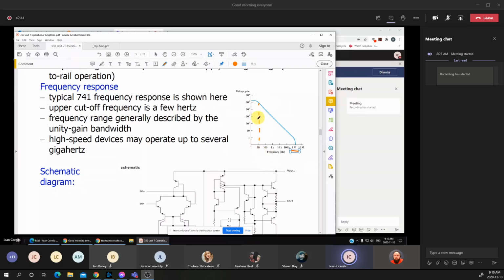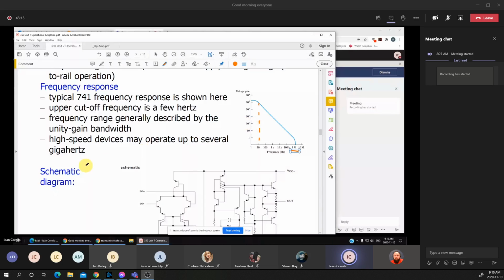It means that if this frequency is very low, the gain is dropping as the frequency is increasing, which is not one of the best characteristics. And that's why I'll comment a bit later on how to keep the gain, or the product between the gain and the frequency.